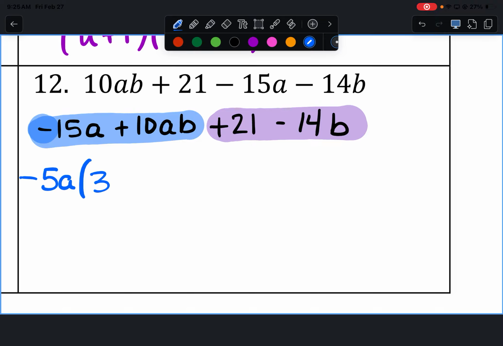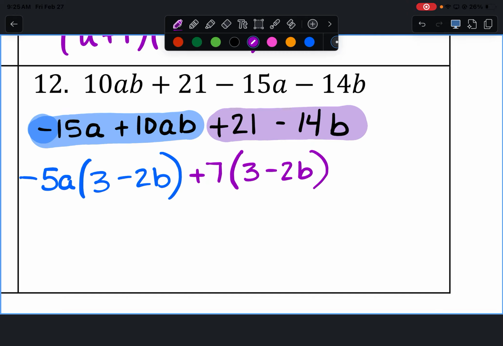What is 10ab divided by negative 5a? Negative 2b. For the second half, what is our GCF of 21 and negative 14b? 7. What is 21 divided by 7? 3. What is negative 14b divided by 7? Negative 2. And so between those two, what part's the same? 3 minus 2b. What part's left over? Negative 5a. There we go.